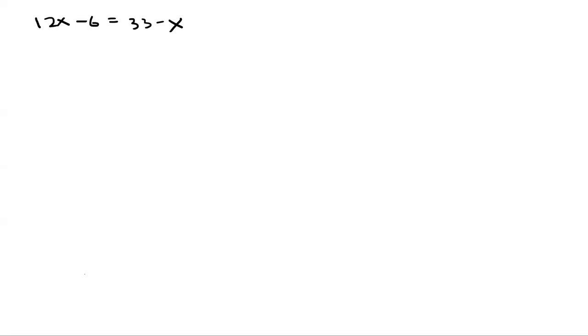Okay, so walk me through this, right? What's our first step here? How do I solve this? Okay, so we're going to add x. There's a lot of ways to solve this, but this is one way. So add x, and we get 12x plus 1x is 13x minus 6 equals 33. What's the next step?